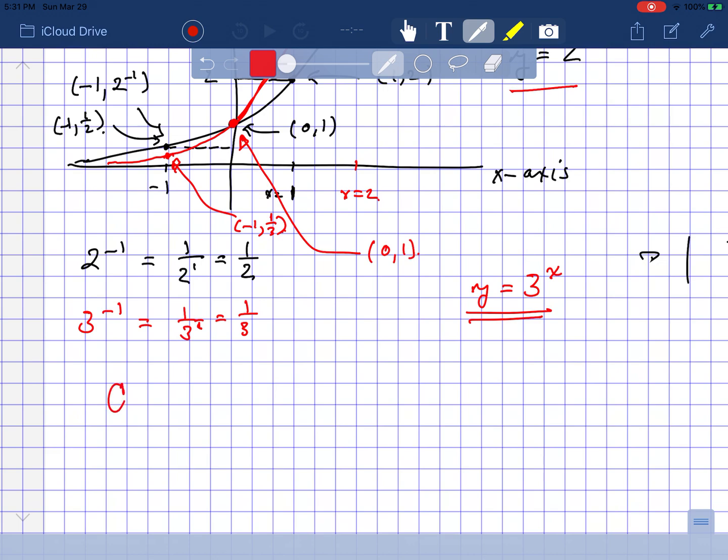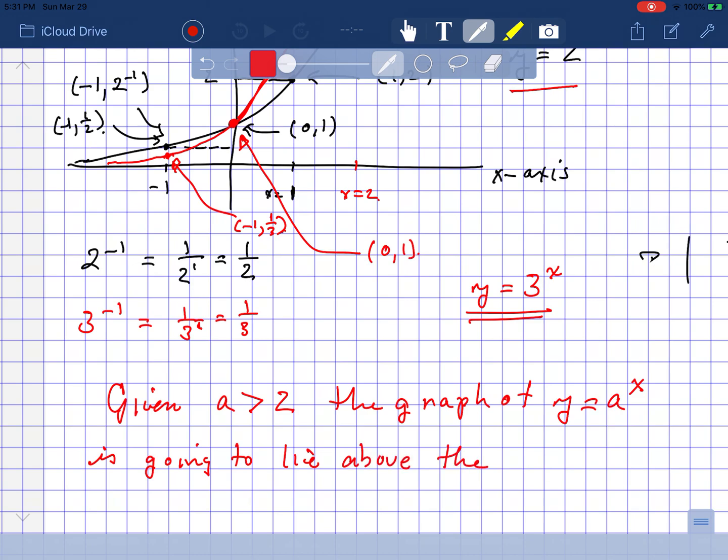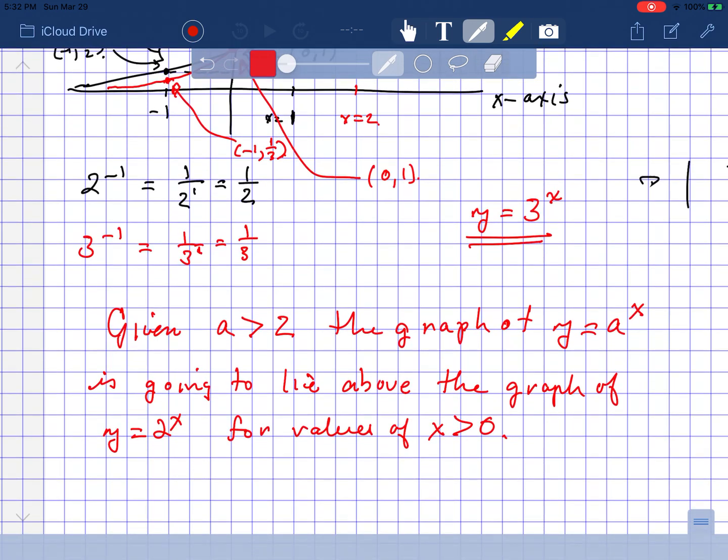So we can generalize this. We can say that given a value of a greater than 2, the graph of y equal a to the x power is going to lie above the graph of y equal 2 to the x power for values of x greater than 0, okay?